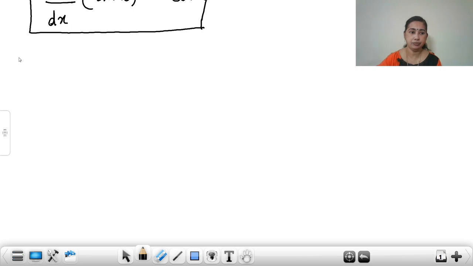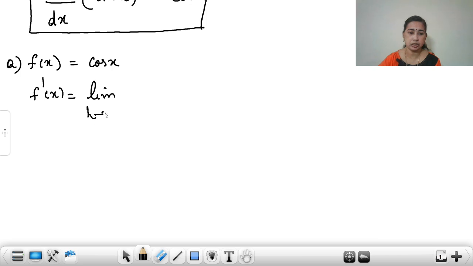Next we are going for f of x equal to cos x. So f dash x equal to limit h tends to 0 f of x plus h minus f of x divided by h.